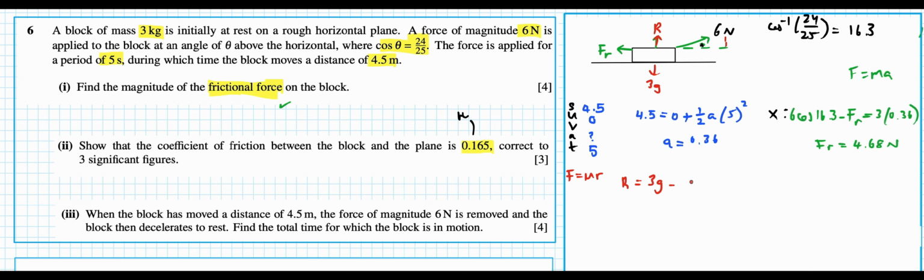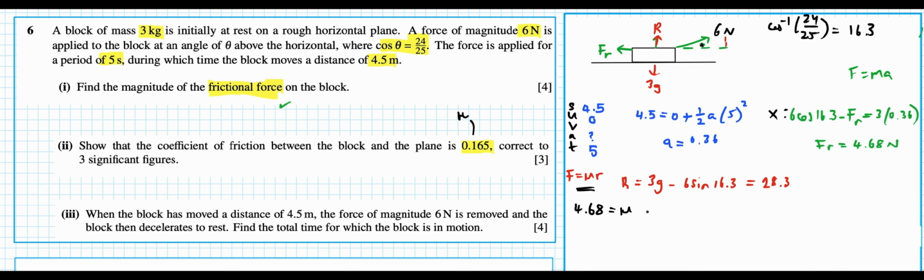R is equal to 3g minus, again, the sine component, so 6 sine 16.3, which is equal to 28.32. 28.3 is fine. Plug that into your formula. F equals mu R, and mu is given to us already, 0.165.